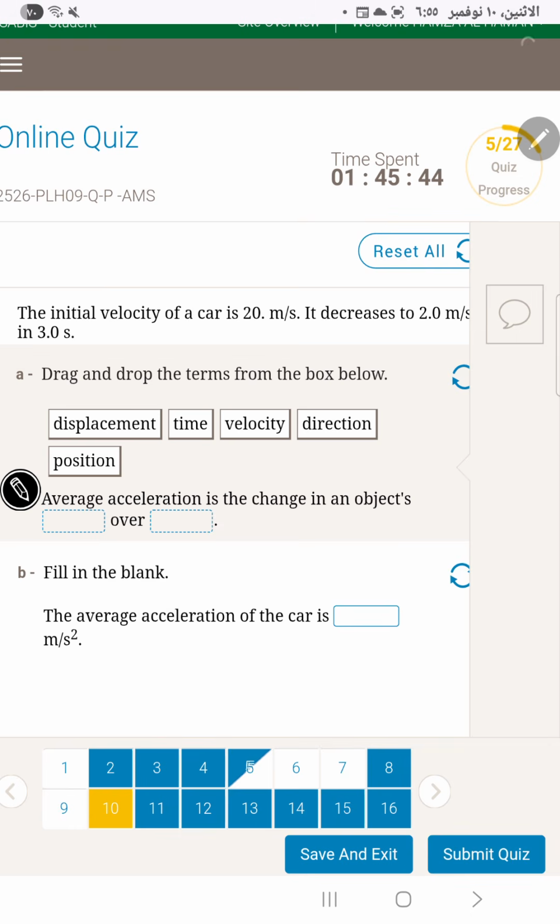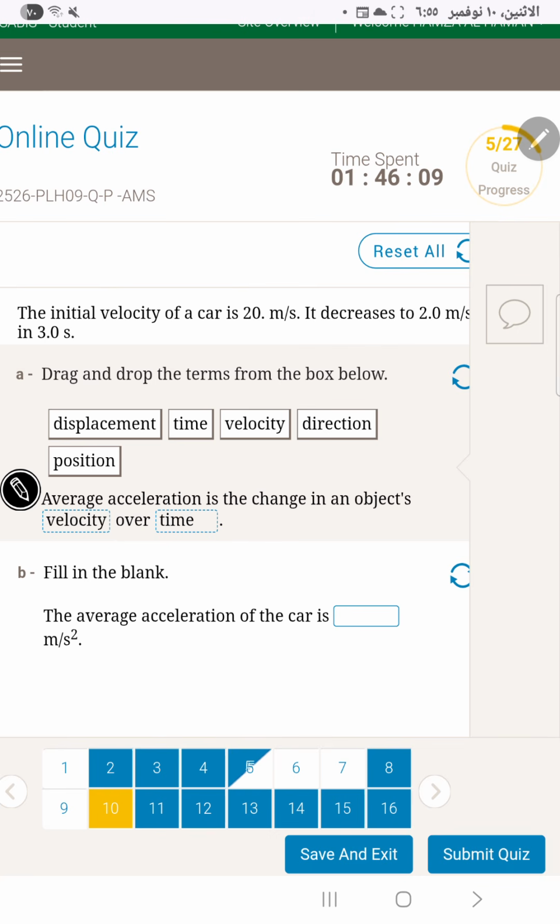Number 10 now. The initial velocity of a car is 20 meters per second. It decreases to 2 meters per second in 3 seconds. Drag and drop the terms from the box below. The average acceleration is the change in the object velocity over time.